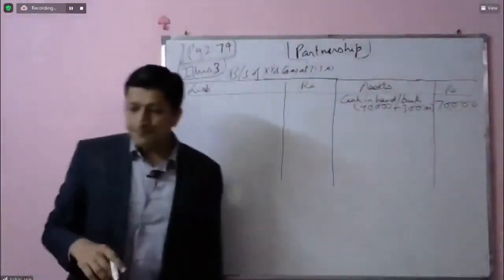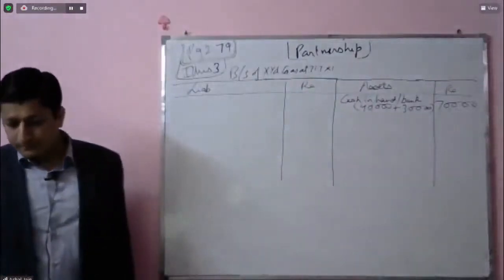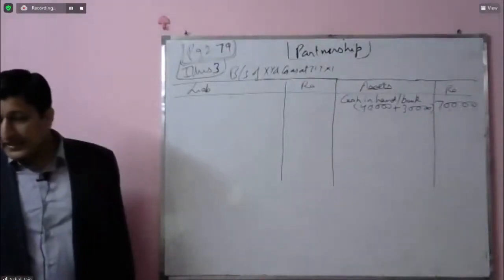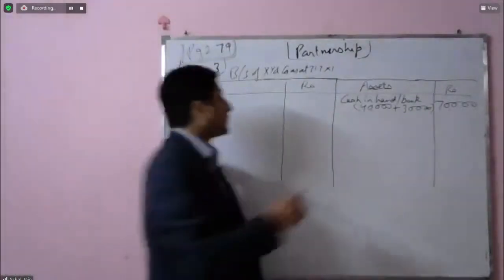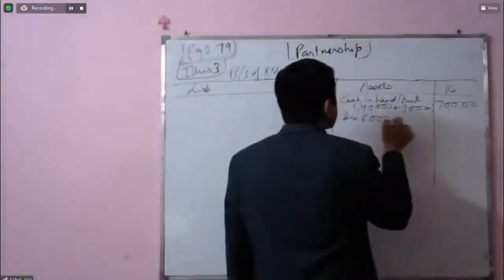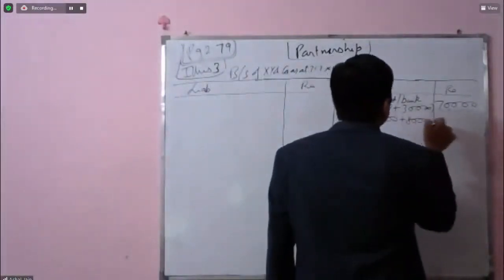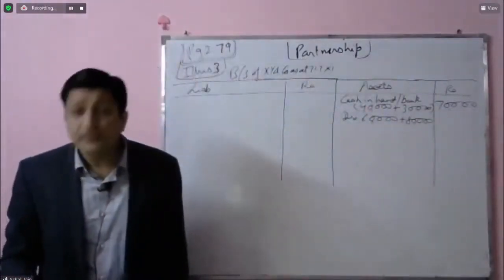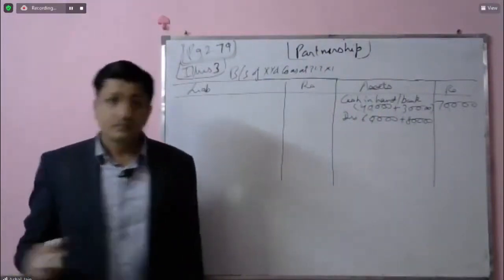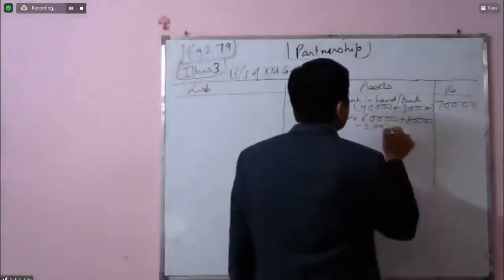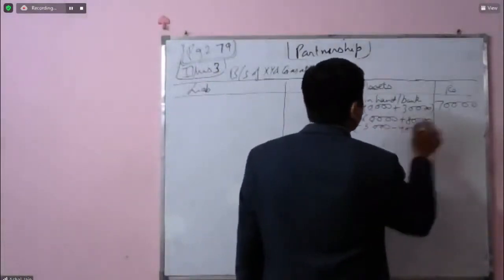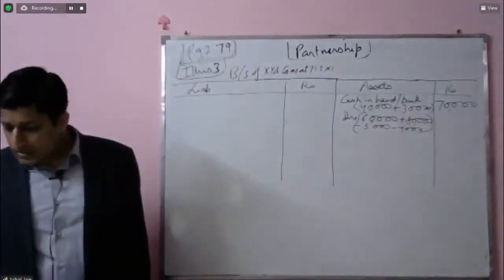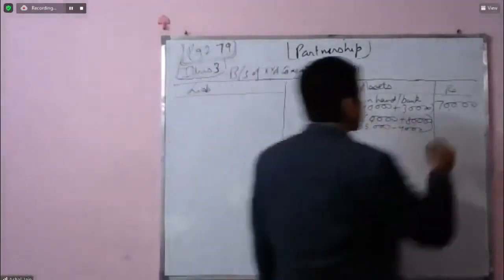Correct? Next, debtors: 60,000 plus 80,000. And please remember, for debtors, provisions are required to be created, 5,000 and 4,000. Minus 5,000 minus 4,000. So what is the amount that we get for the debtors? For debtors, we will get 1,31,000.